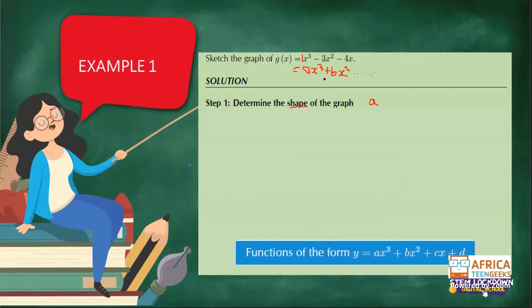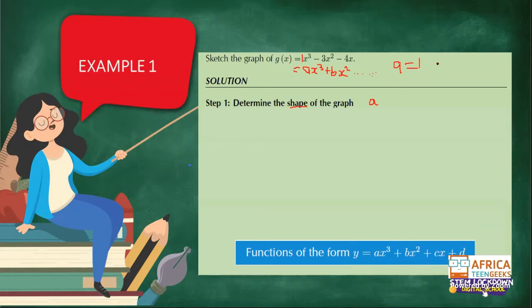Now you can see that my a is actually 1. You just write the general form so that you can identify the coefficients in the equation, but if you can do it without, you don't need to write it down. So a is equal to 1.